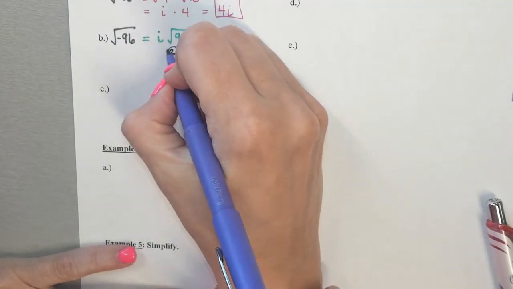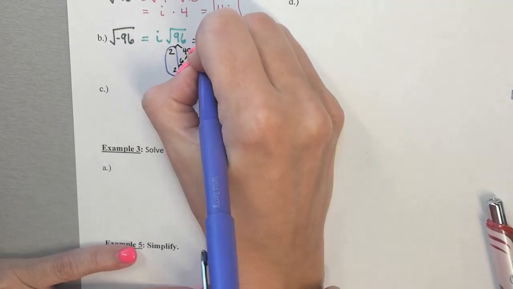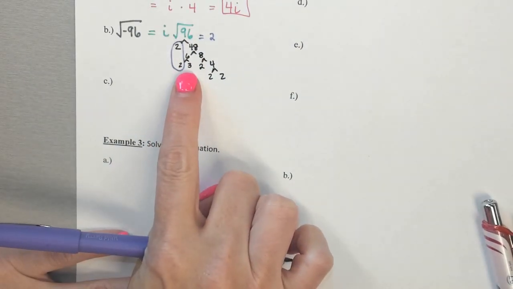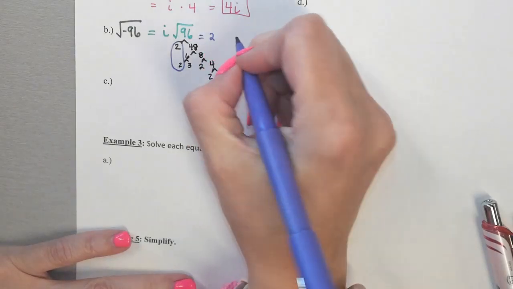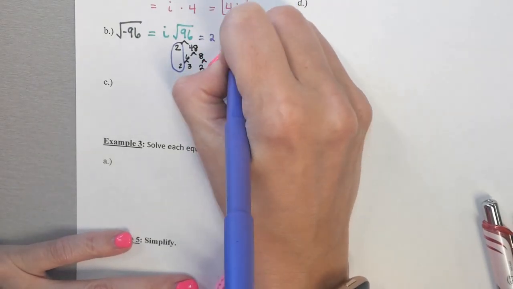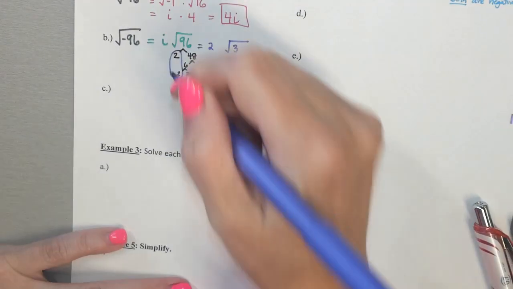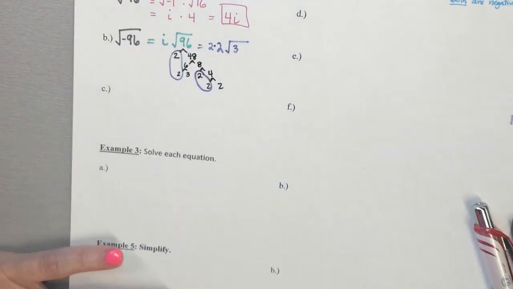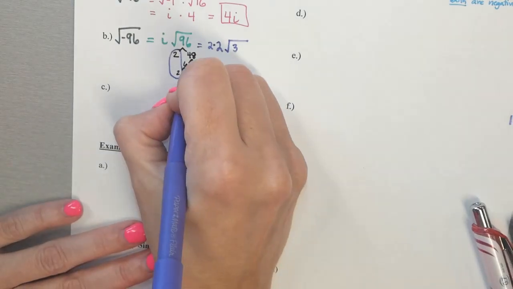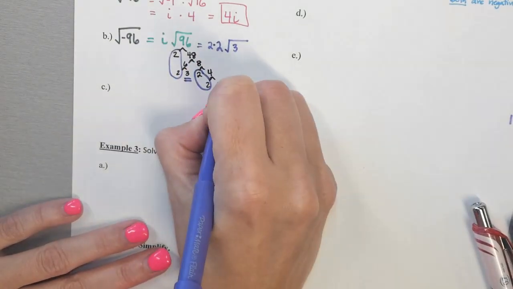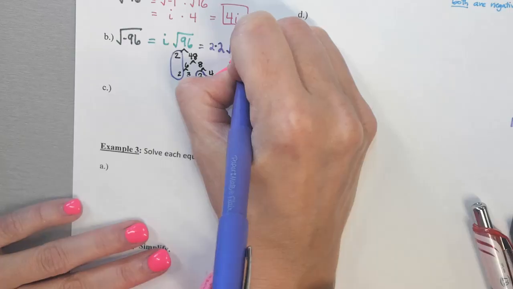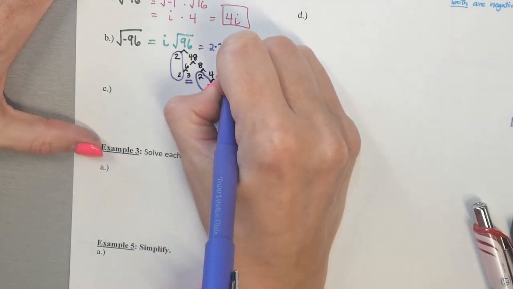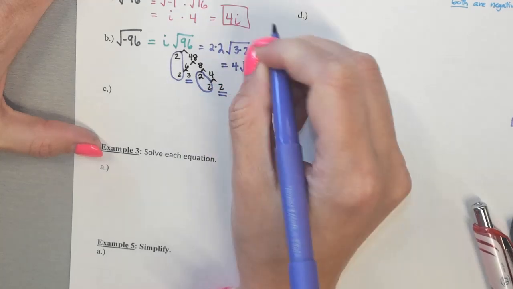So you have 2 and 2, so a 2 is going to come out. You only have one 3 here, with no other place to put it, so we keep it in the radical. Here's another group of 2 twos, so that comes out and you multiply. The 3 doesn't have a partner and this 2 doesn't have a partner, so those go inside. So our final answer is 4 root 6.